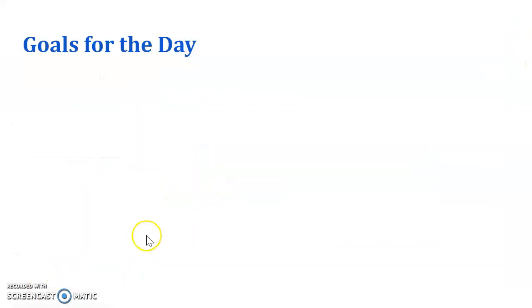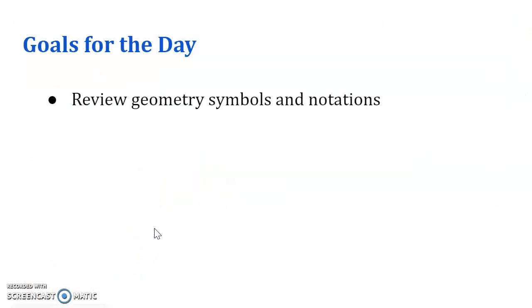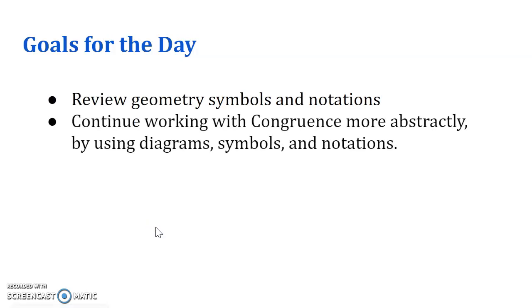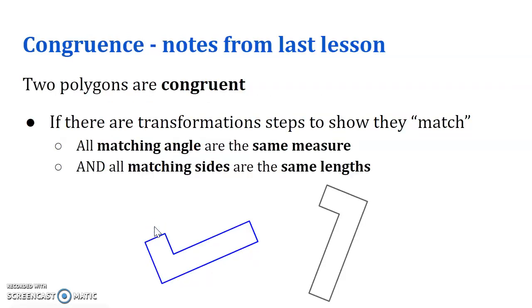Great. What are the goals for the day? We're going to review geometry symbols and notations and continue working with congruence more abstractly by using diagrams, symbols, and notations. Now, from the last lesson, we took some notes that say two polygons are congruent if there are transformation steps to show they match.